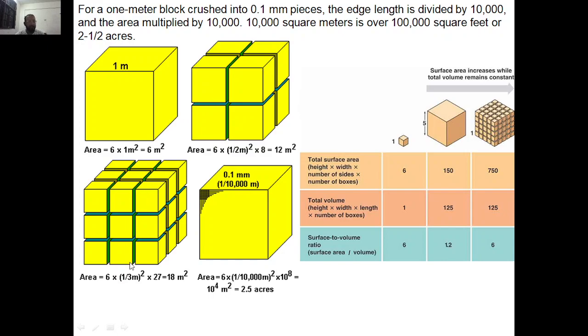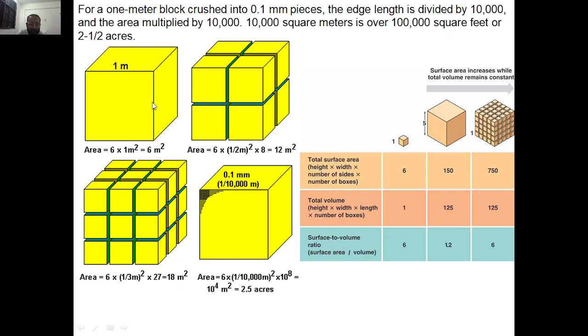When I cut into thirds, that will be 27 pieces, 3 into 3 into 3, so total 27. That will give me again 6 more added, so 18.